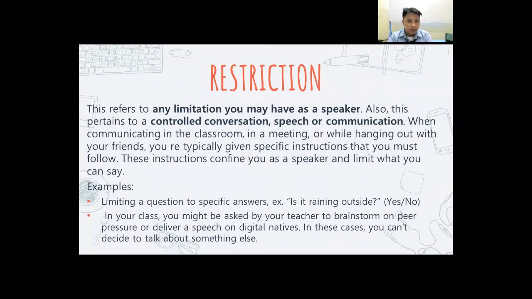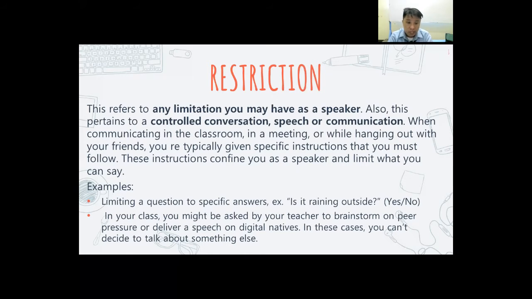Okay, so let's proceed to the next one, which is restriction. So from the word restriction, there will be restraints and limitations. So this refers to any limitation you may have as a speaker. So also, this pertains to a controlled conversation, speech, or communication. So when communicating in a classroom, in a meeting, or while hanging out with your friends, you're typically given specific instructions that you must follow. So these instructions confine you as a speaker and limit what you can say.